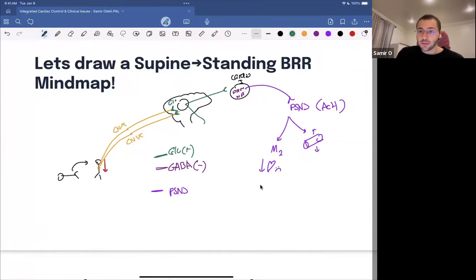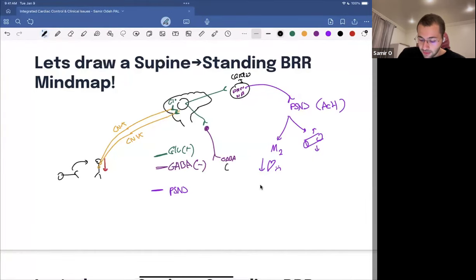The second tract we have, as you can see, is our caudal ventrolateral medulla. Now, our caudal ventrolateral medulla, essentially what it does, it takes that positive signal and it turns it into a negative signal. That means that signal is now releasing GABA, which is depressing whatever cell comes in front of it. So the unfortunate part is that this signal is going what?